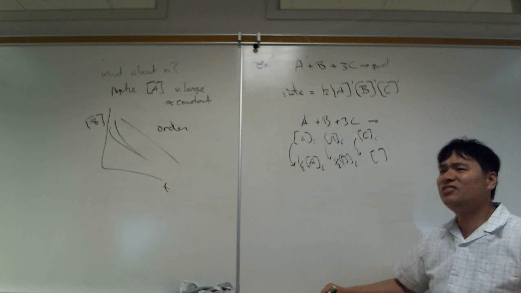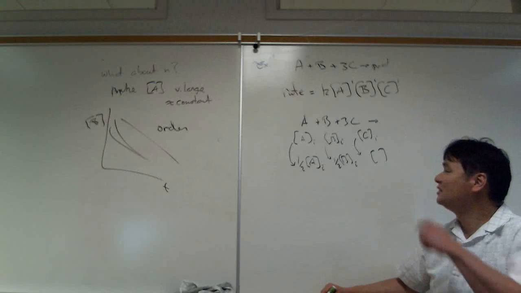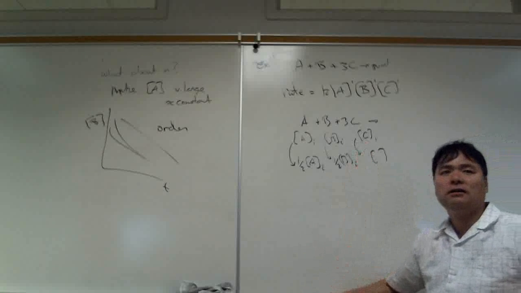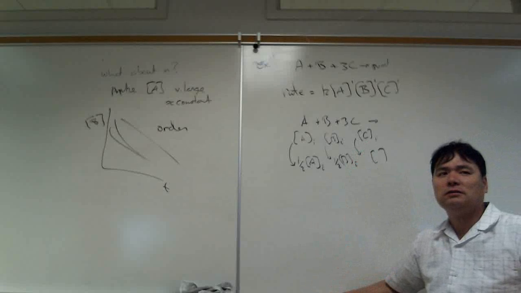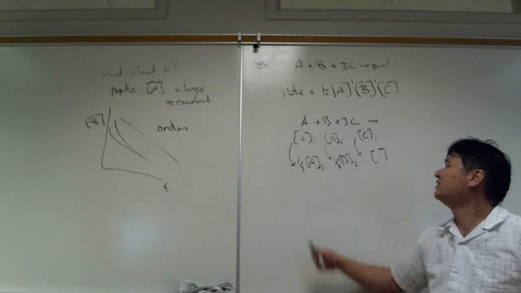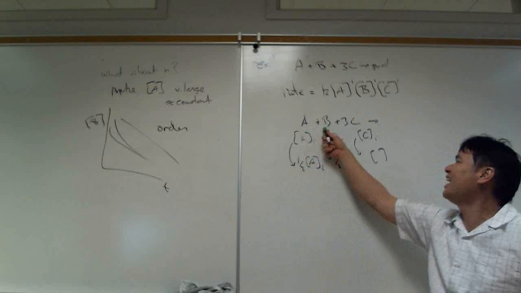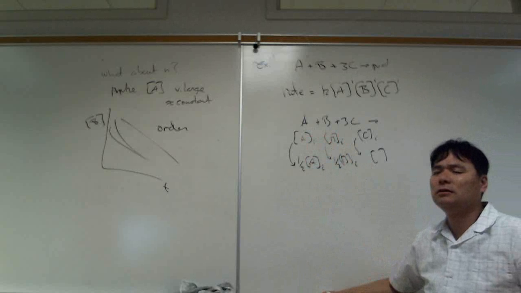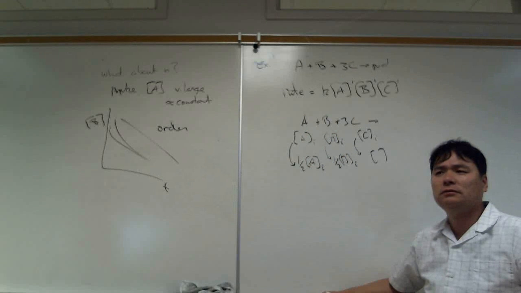So I should be left with not 3/2 because then I'd be gaining. What would it be? 1/6. If this is 1/2, this would be 1/2. This would be 1/8.